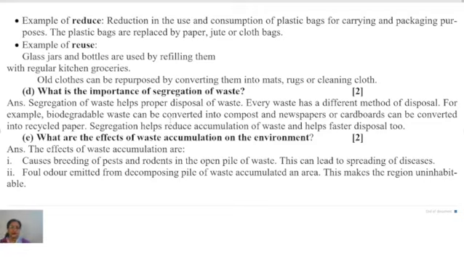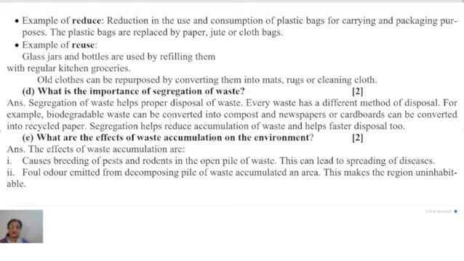Waste accumulation, you know it very well, causes breeding of pests and rodents in the open dump, or you can say the piles of waste, right? So this can lead to the spread of diseases. Several types of diseases can develop. It causes foul smell to spread everywhere near that area, so that causes a lot of pollution in the surrounding environment, right?